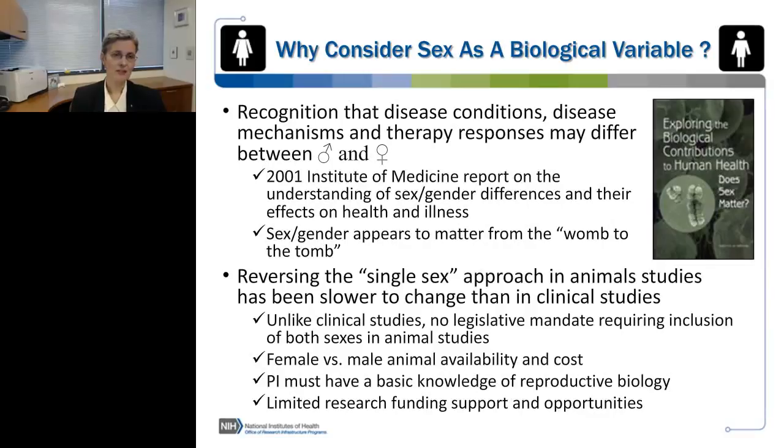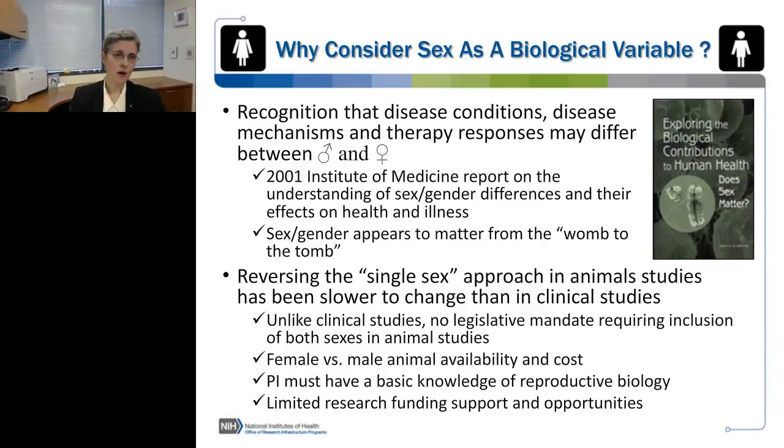Over the past decade or so, there has been increasing recognition that disease conditions, disease mechanisms, and therapy responses may differ between males and females. This area has been of considerable focus, and back in the beginning of the century, the Institute of Medicine focused on this topic and issued a report on the understanding of sex and gender differences and their effects on health and illness.